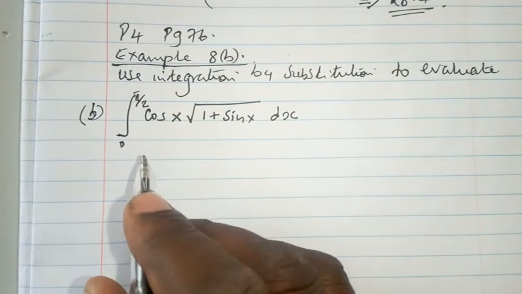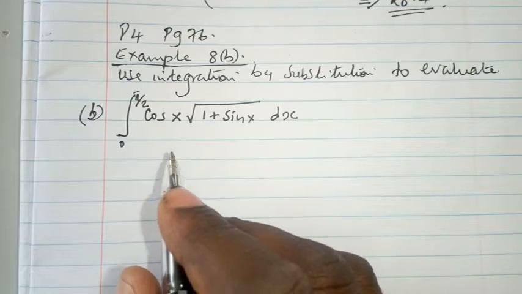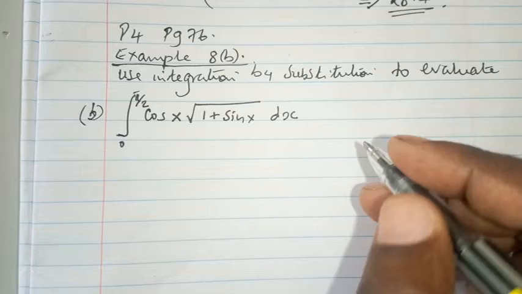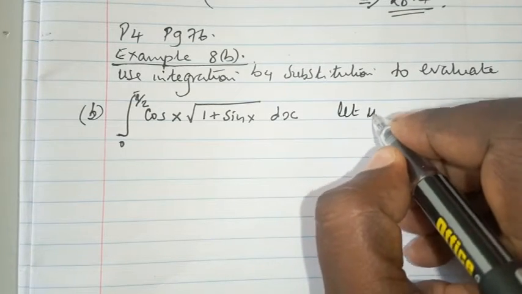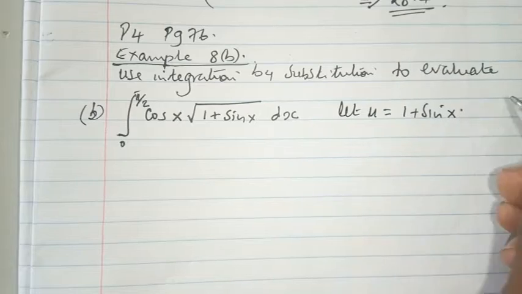In the question, we are given: let u equal 1 plus the sine of x.